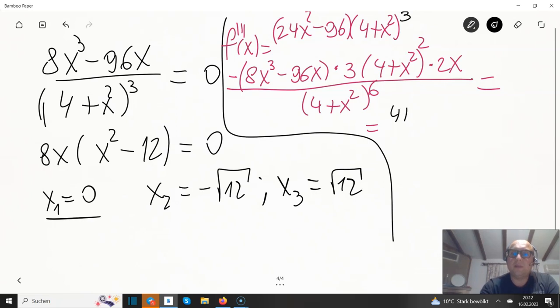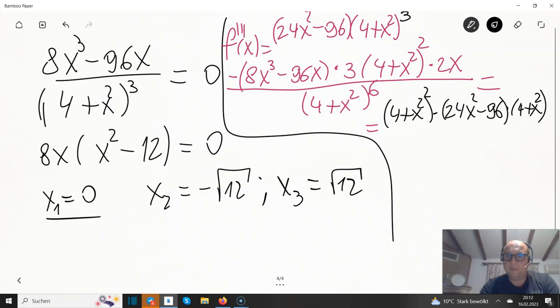Now I can take 4 plus x squared outside of the parentheses. I'm going to have 24x squared minus 96 times 4 plus x squared once remaining. If I'm right, I am.